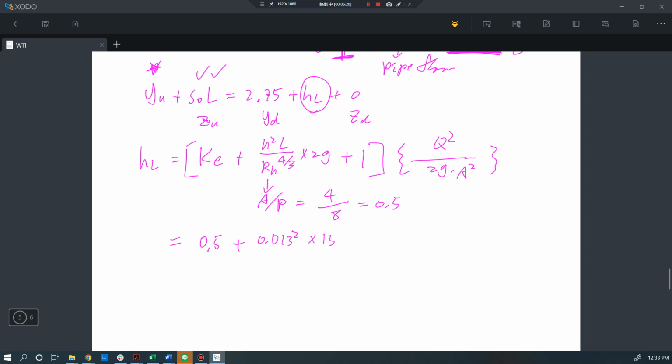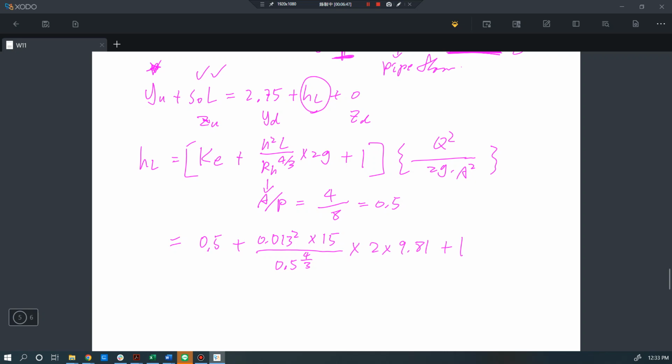Then we multiply by 15, because the length L is equal to 15. The hydraulic radius is equal to 0.5, and we need the power of 4 over 3, times 2G, 2 times 9.81, plus 1.